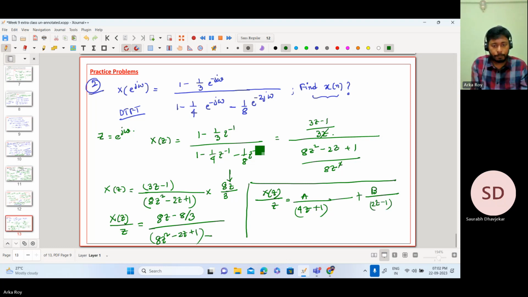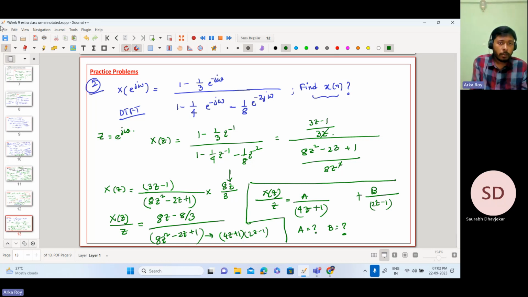If I factorize it, it will be 4z plus 1 and 2z minus 1. So this is what I have factorized into two particular segments, that is a divided by this and b divided by 2z minus 1 over here. So I can now calculate the values of a and b. I need to find out what is the value of a and b.